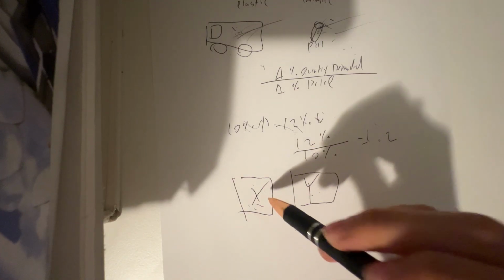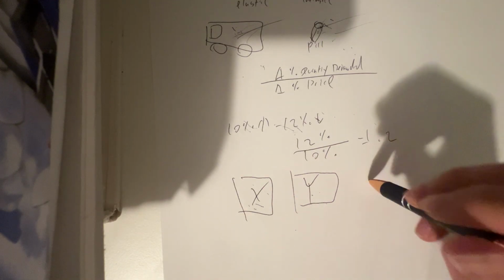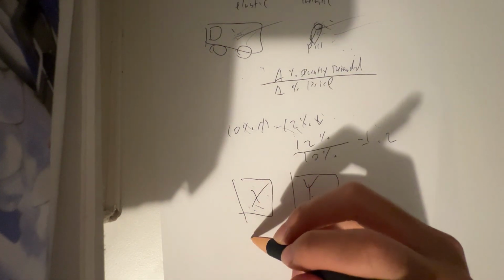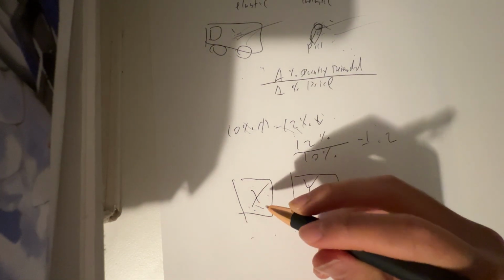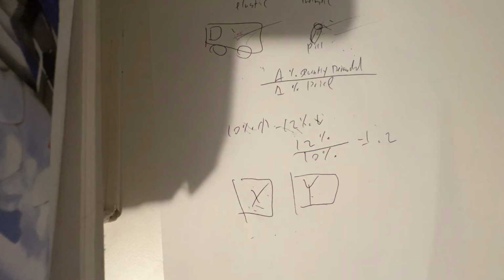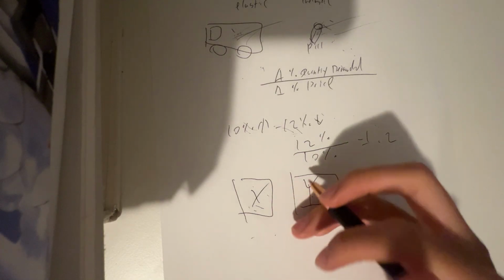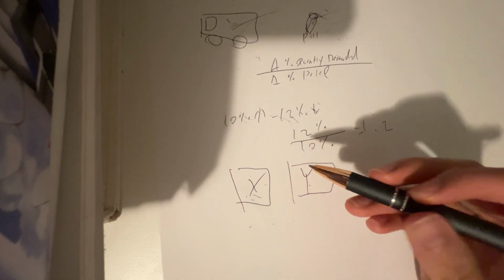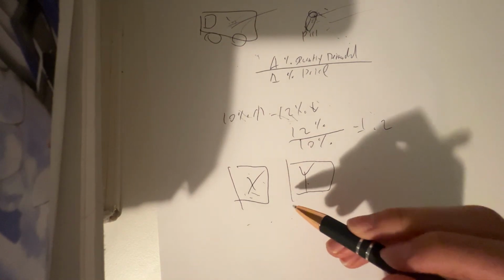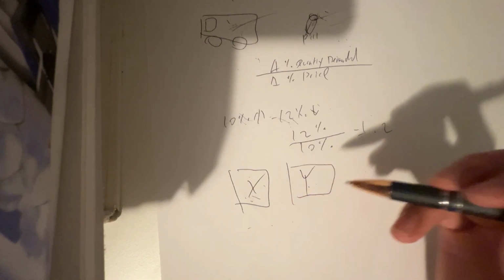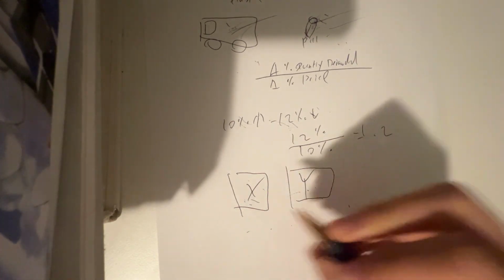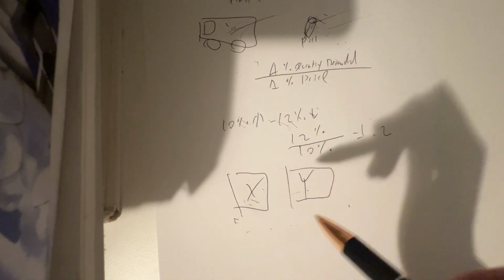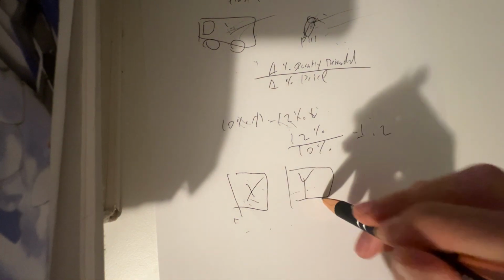Complements, you buy one, you also want to buy the other. A positive result means that they're substitutes. But a negative result, if you plug it into the formula, means that they're complements. Substitutes would be like Coke and Pepsi, and complements would be like computers and software.